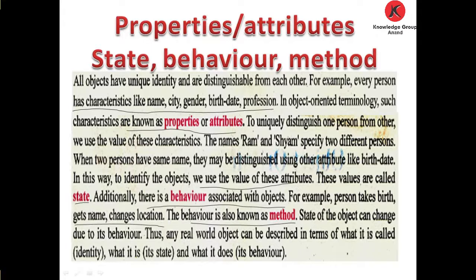Thus, any real world object can be described in terms of what it is called, what it is, and what it does. So remember students, real world objects can be described in terms of what it is called, meaning identity, what it is, meaning its state, and what it does, meaning its behavior.